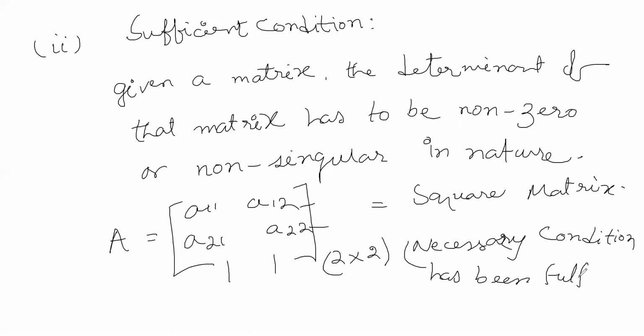But even then, it is possible that we cannot identify the inverse of a matrix if the sufficient condition is not fulfilled. In order to check for the sufficient condition, we need to know how to identify the determinant of a matrix.